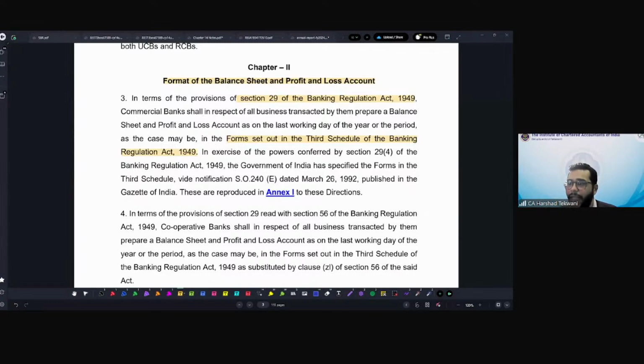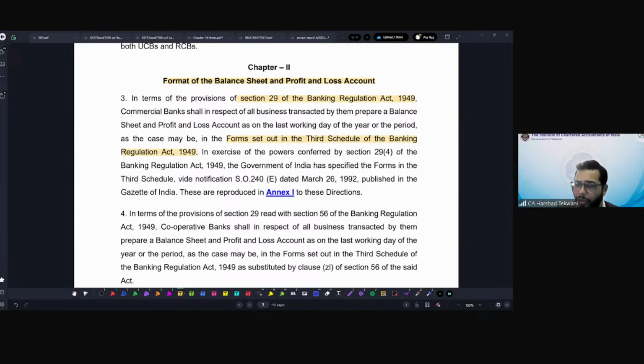So Basel 3 capital regulations are there. These regulations will be applicable to banks. A lot of things are there in that, but those regulations are more with respect to how the banks will comply with the capital adequacy framework when it comes to the Basel 3 capital regulations.